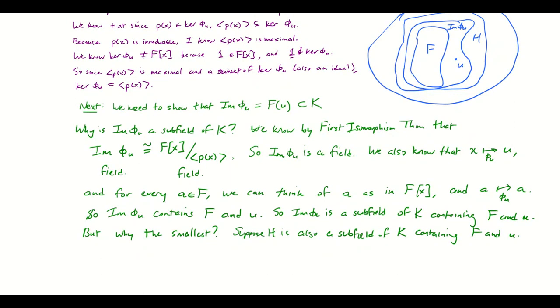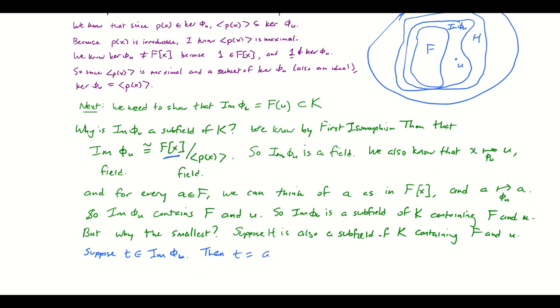All right. So suppose that t is an element of the image of phi sub u. Well then t has to be the image of some polynomial in F[x] after we've evaluated that at u. So then t has to be basically a polynomial with coefficients in F and a polynomial in u.